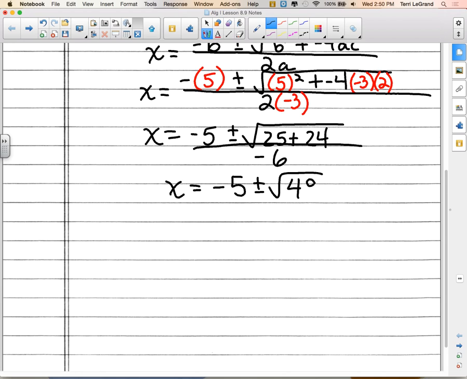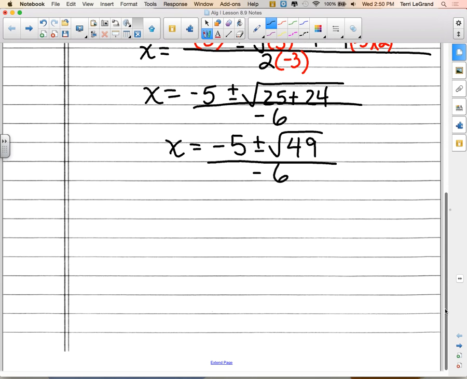Good news. That is a perfect square. So when it's a perfect square, in reality, that means solving by factoring probably would have worked. But we're learning the quadratic formula right now. So x equals negative 5 plus or minus what? 7.